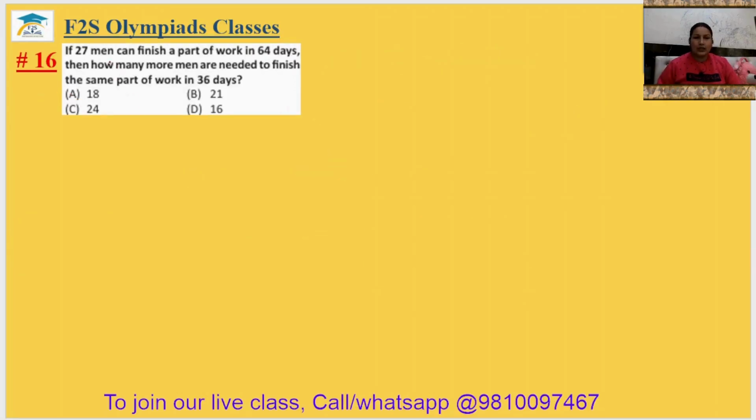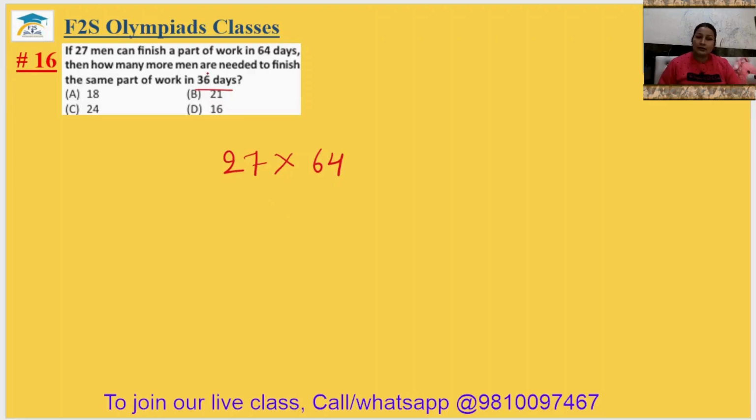Question number 16. If 27 men can finish a part of work in 64 days, then how many more men are needed to finish the same part of work in 36 days? So 27 men, 64 days. So one man will be 27 multiplied by 64 days.